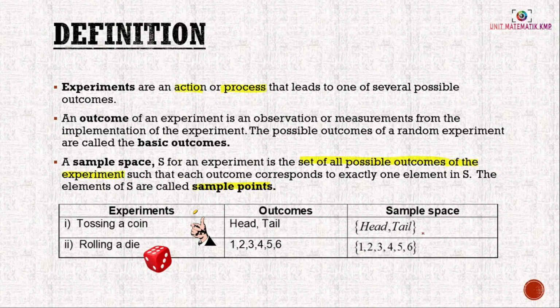So kita tulis {head, tail}, ataupun paling simple kita akan tulis {H, T}. So bila kita roll a die, kita ada 6 possible outcomes, which is numbers 1, 2, 3, 4, 5 and 6. So the sample space kita letak dalam bracket, tulis kita punya outcomes. So each element dalam sample space ni kita panggil dia sample point.